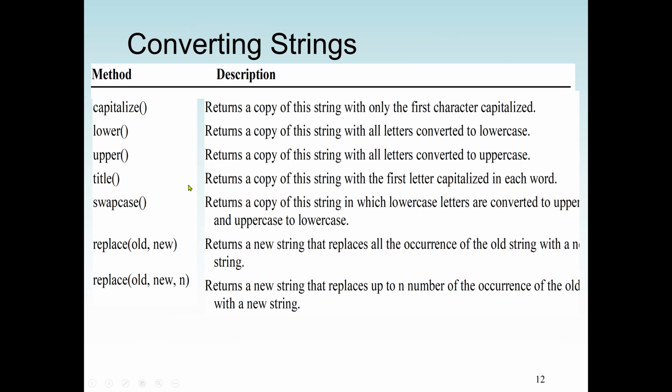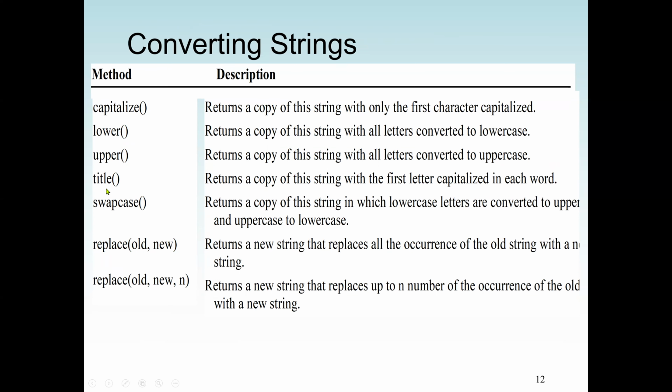But if I want to convert everything to uppercase, then I'll use the upper method. The upper method returns a copy of the string with all the letters converted to uppercase. Capitalize returns the string with the first character converted to uppercase.